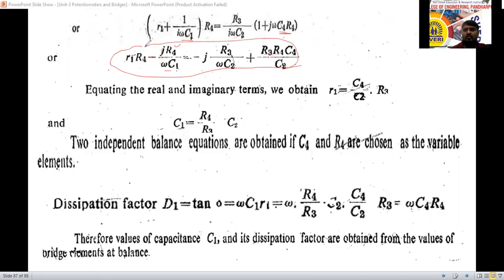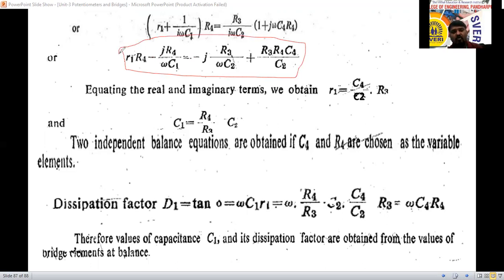Now we have to separate the real and imaginary terms from this equation. I will ask again: which is the real part and which is the imaginary term in this equation? What is the real term here? Is it real or imaginary?